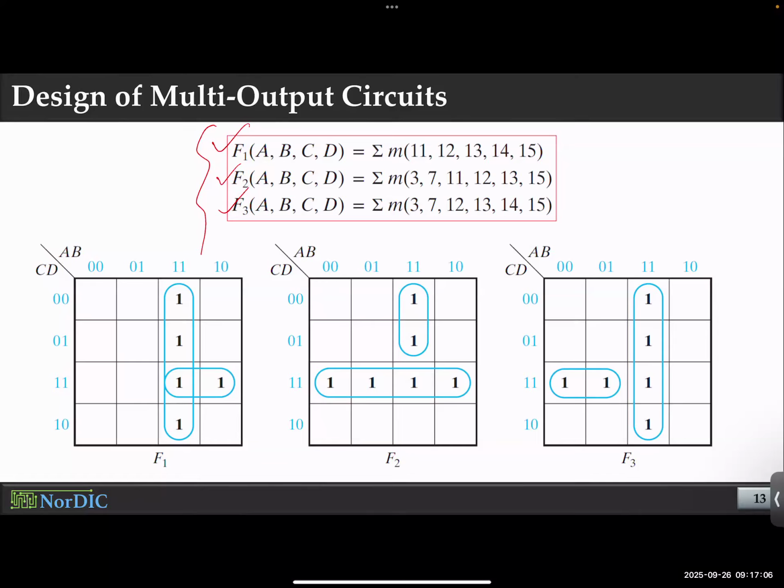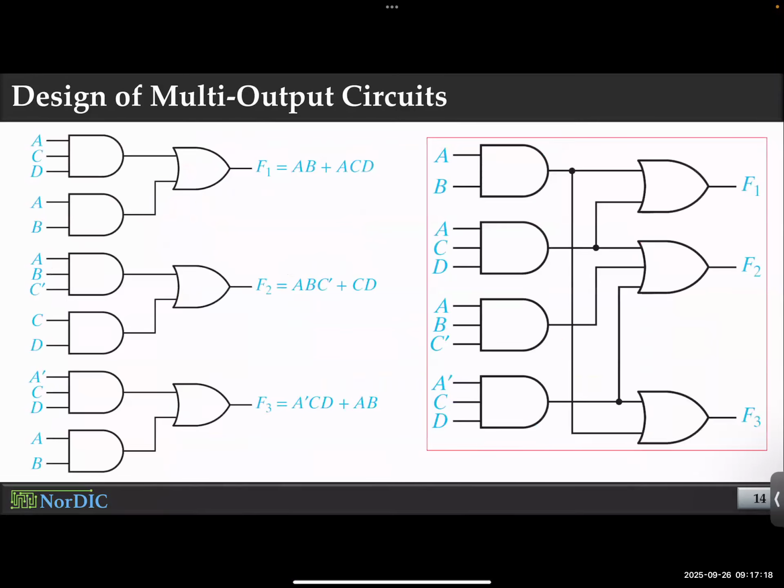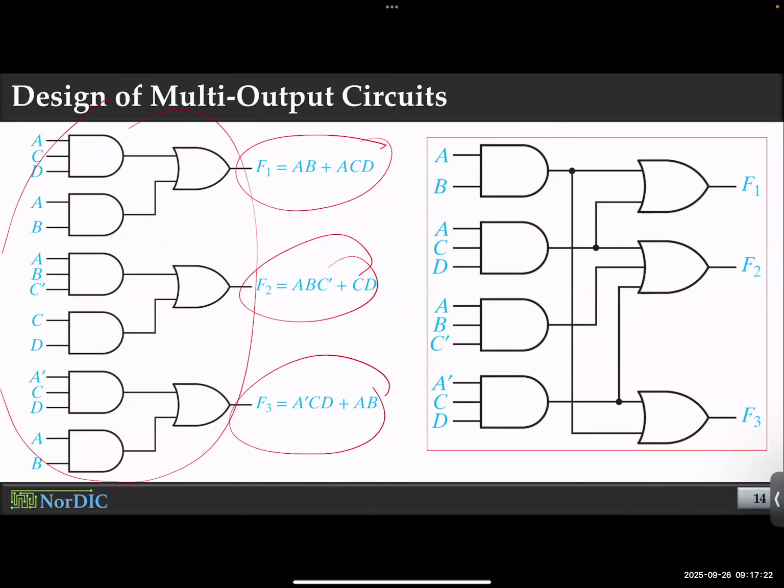And we saw the first approach towards Boolean optimization would be to use K-maps for these outputs separately, as if they don't talk to each other, and then come up with the Boolean output and implement the circuits that way. However, we also saw a quick example of some opportunities where you can share some components. Like for example, AB could be shared between two outputs, and you could have one common logic gate catering to the needs of two outputs. And that's how you could reduce the number of logic gates significantly, right?